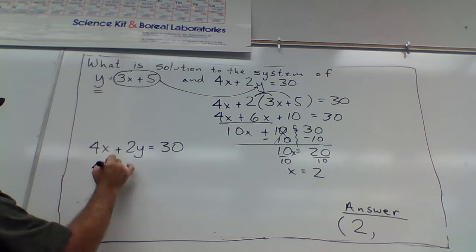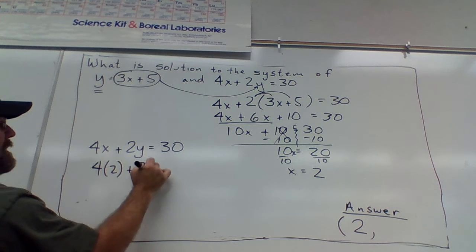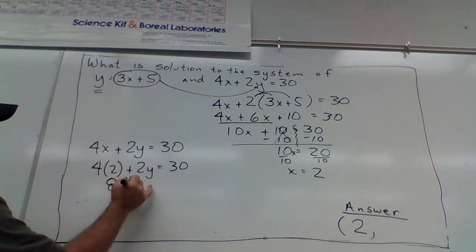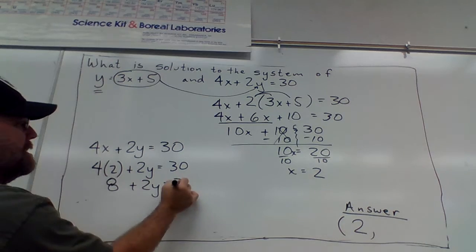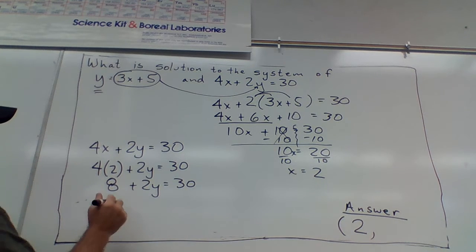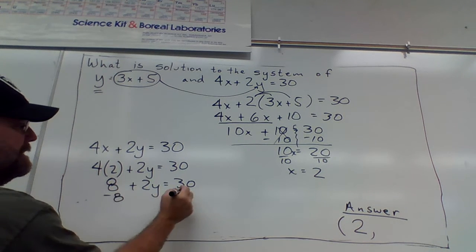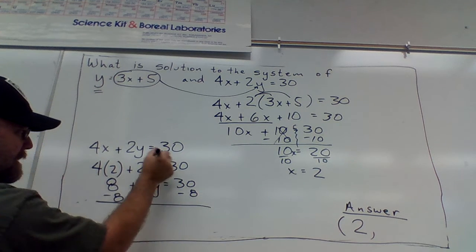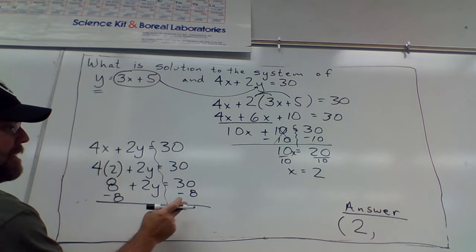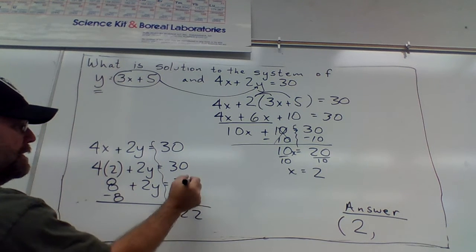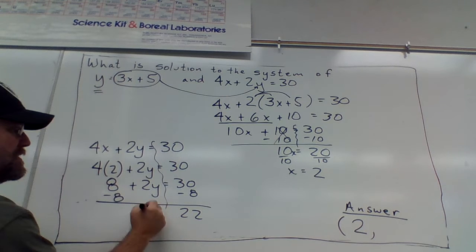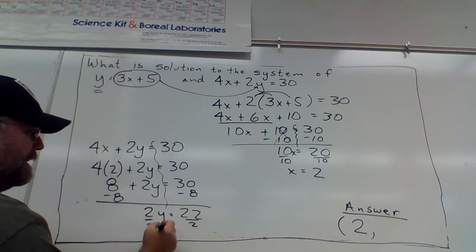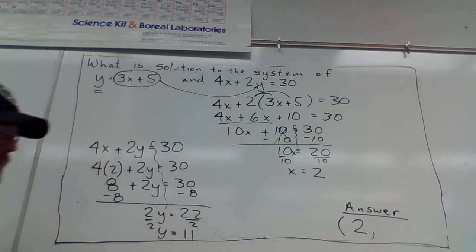So 4 times 2 plus 2y equals 30. That's 8 plus 2y equals 30. And then I'm going to take away 8 to get the y by itself. Take away 8. Again, build your wall. But 30 minus 8 is 22, equals 2y. Divide off 2, divide off 2, and y equals 11.